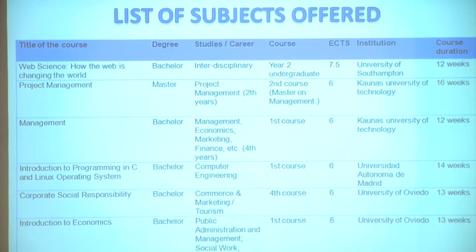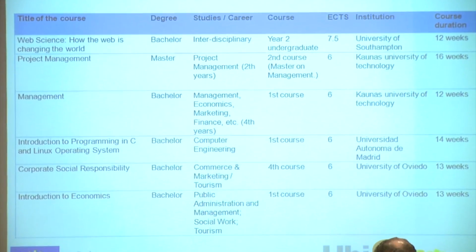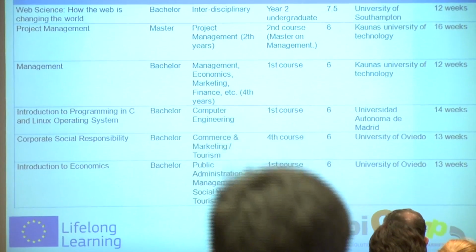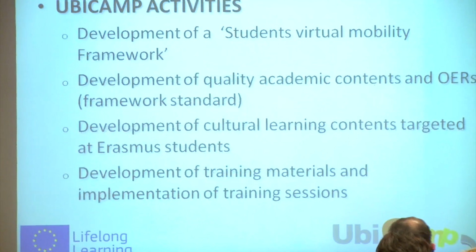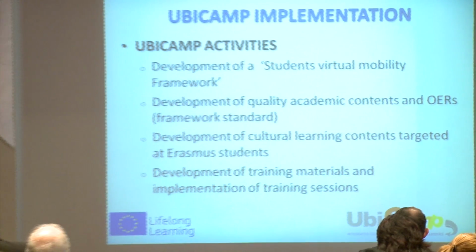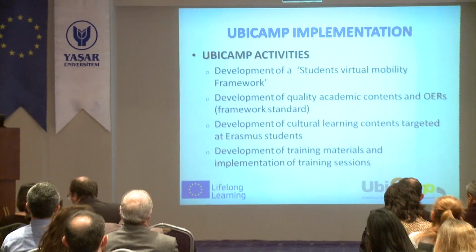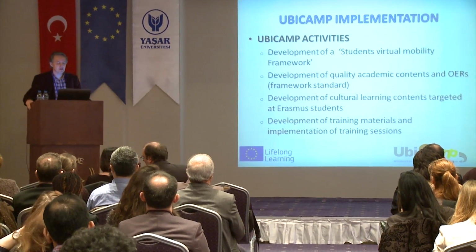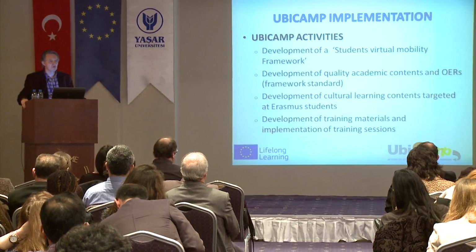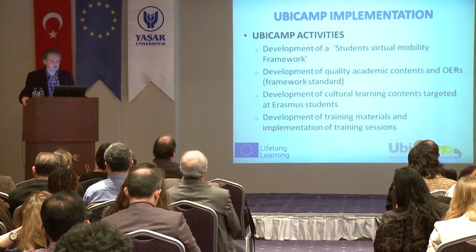Well, as I said, every partner put in at least 2 subjects, and nearly all of us sent students. In the next slide, I will show you the final participation.